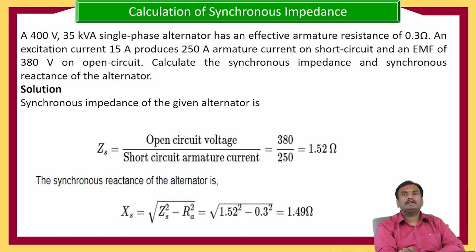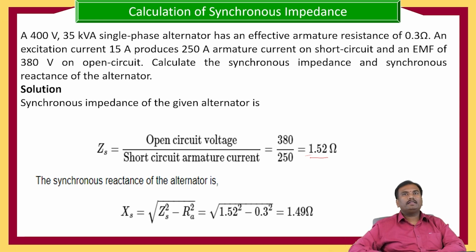So 380 by 250 amperes, which is equal to 1.52 ohms, where Xs is equal to the square root of Zs square minus Ra square, which is 1.52 square minus 0.3 square, which gives us 1.49 ohms. So we got the synchronous impedance and synchronous reactance.